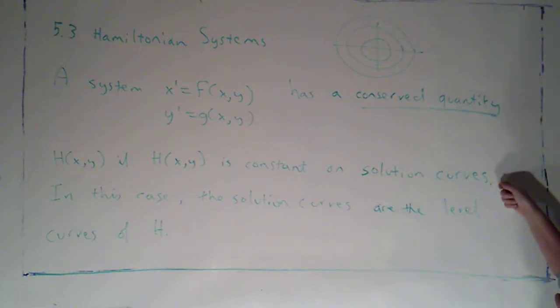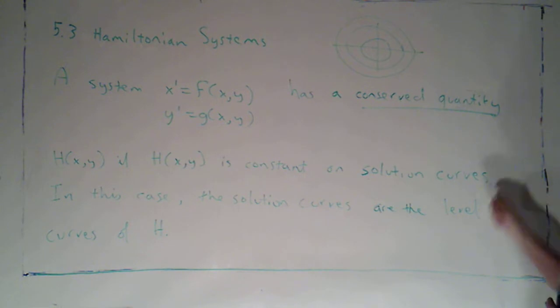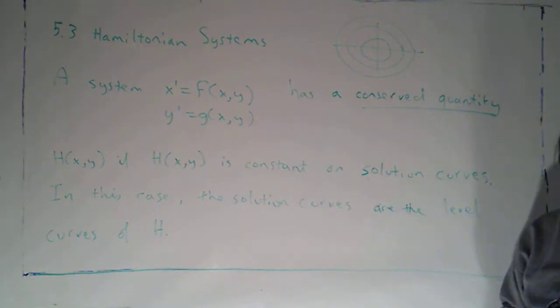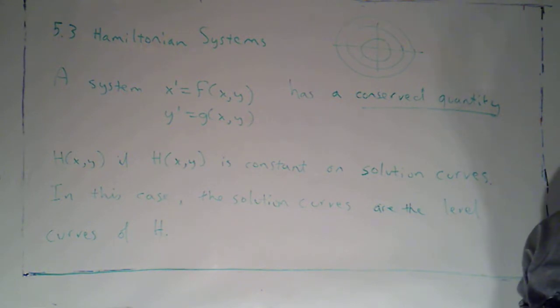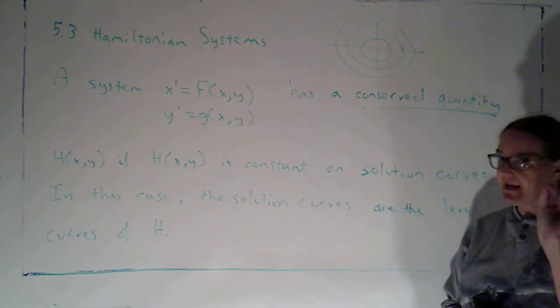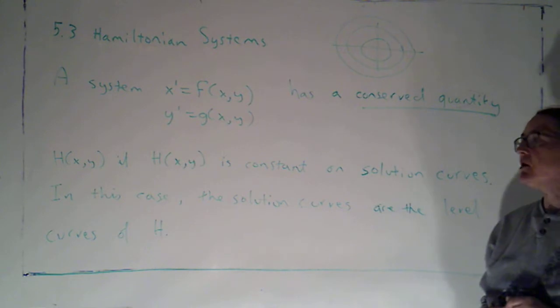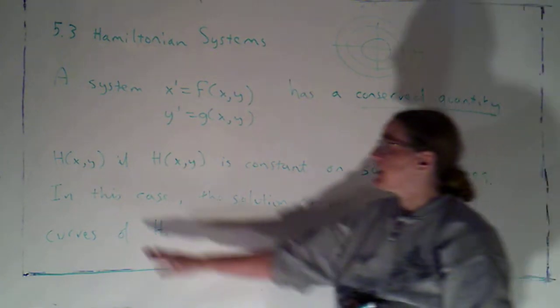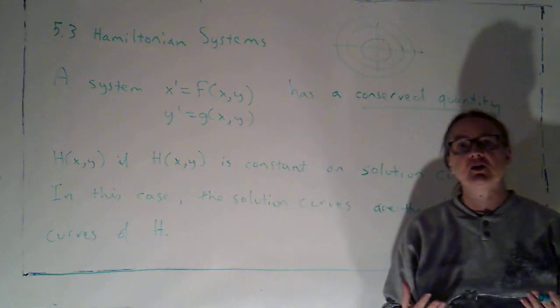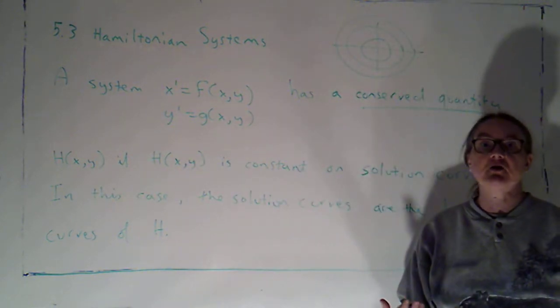And anytime we have a conserved quantity, the solution curves to that system are just going to be the level curves for h. So that gives me a technique for finding solution curves if there's a conserved quantity. Now that's a big if, but if I know that there's a conserved quantity and I can find a formula for it, the level curves for that function would simply be my solution curves.